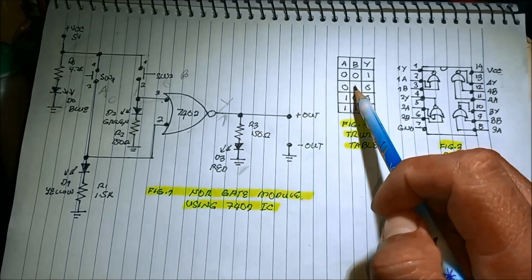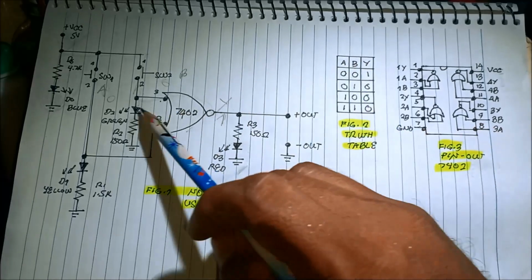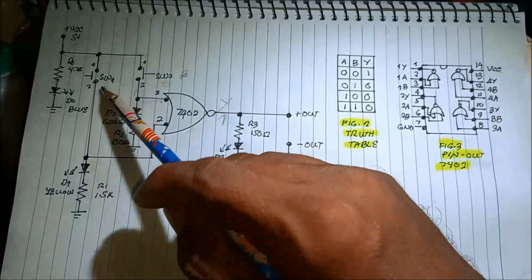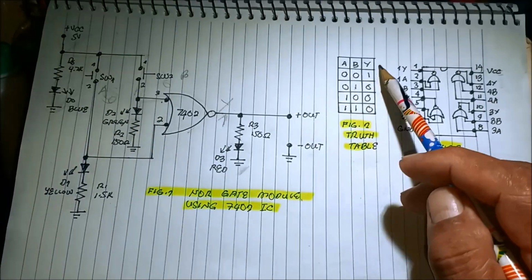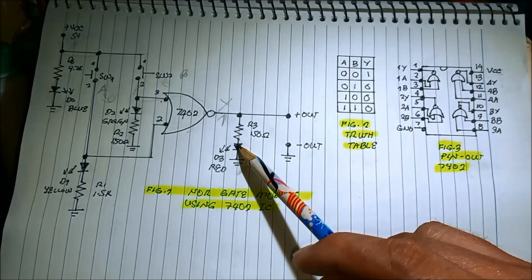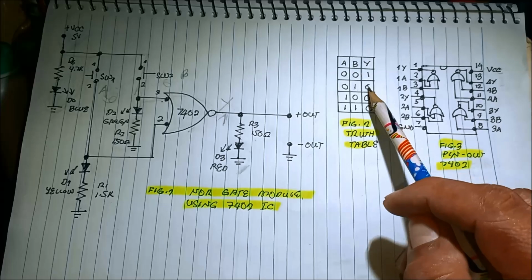So once we have switch B on and switch A off, 0, we did not press the switch, the output is 0, or it means the output LED turns off.